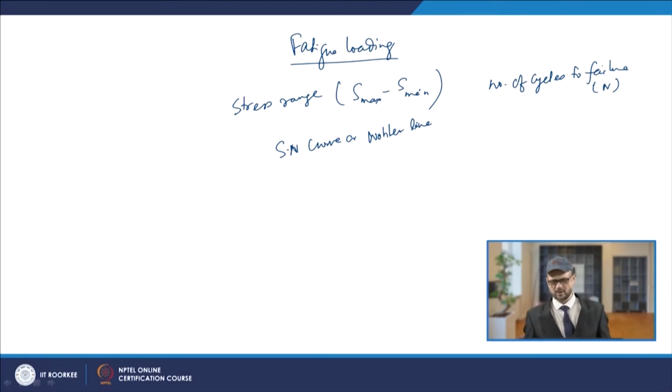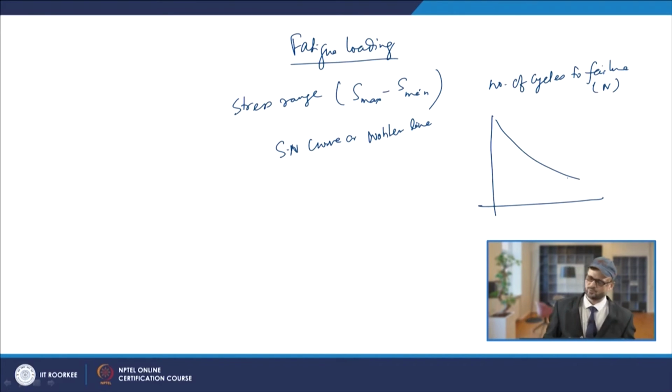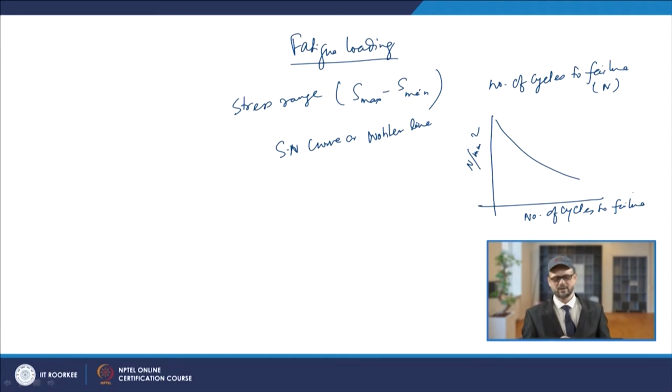You can have a typical SN curve which shows this kind of graph. This is the stress value, in Newton per mm square, and this is your number of cycles to failure. Now, in most cases, when you plot these on a log scale, it becomes a straight line.